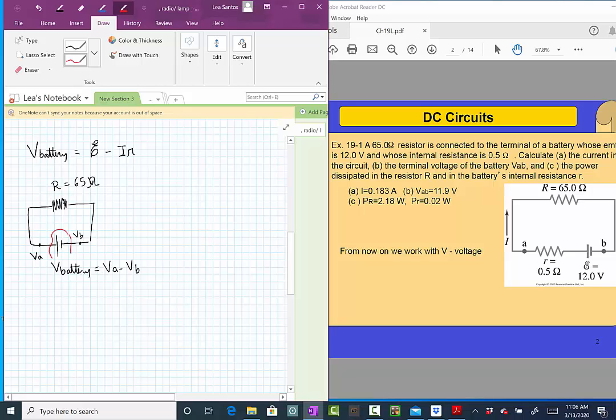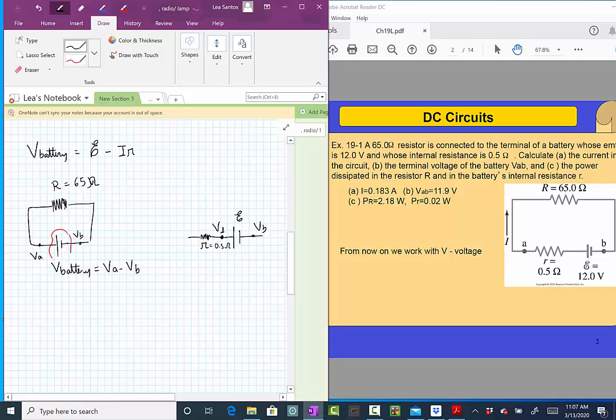That's why we have this circuit where we have the EMF here. Here is a certain potential, I'm going to call it V1, and on the other side we have VB, but then we have this internal resistance that gives us a drop in the potential. This little resistance r, which is given to us, is 0.5 ohms.